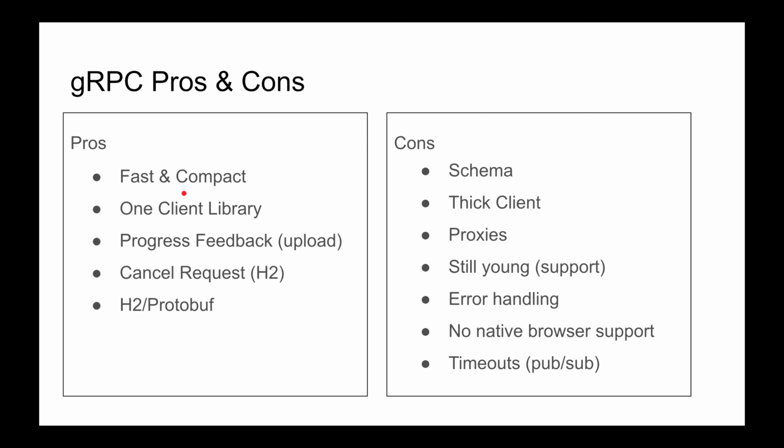It's one client library. And when I say one, it is one per language, right? Every language you use will have a very similar gRPC client library, maintained by Google and other companies in the open source community that manages the gRPC protocol.